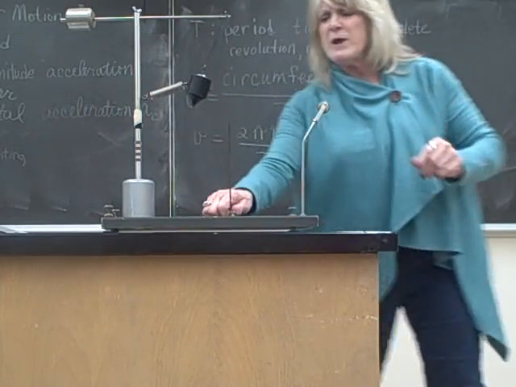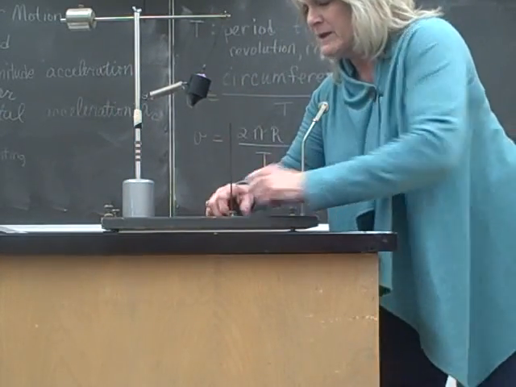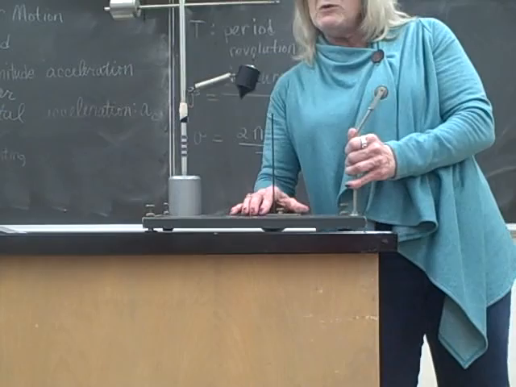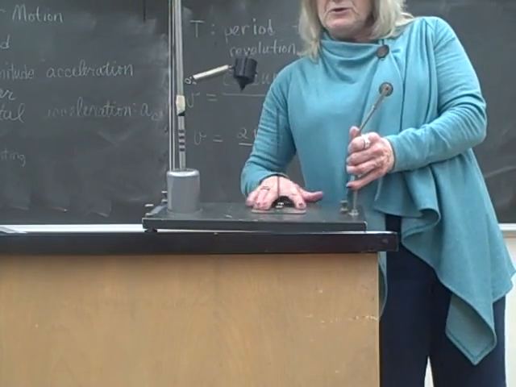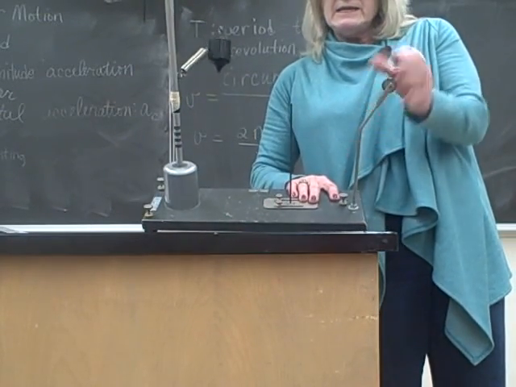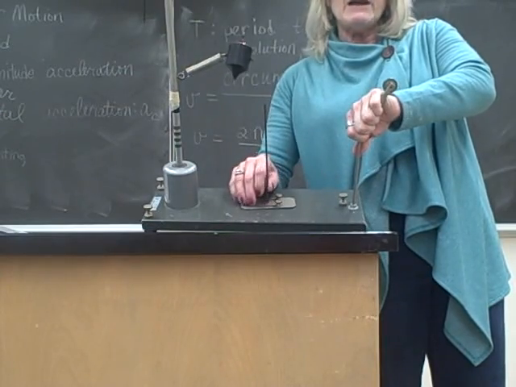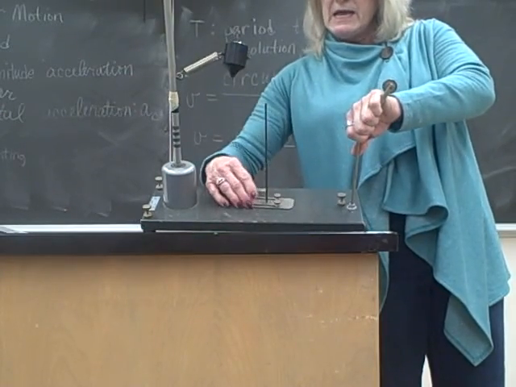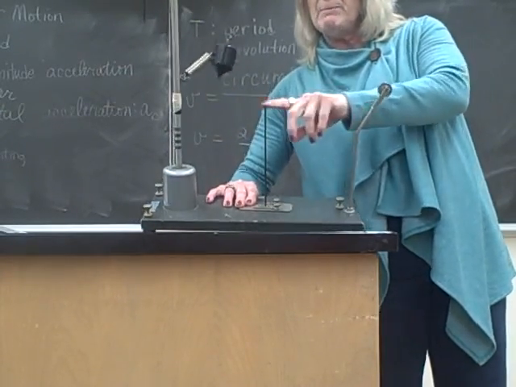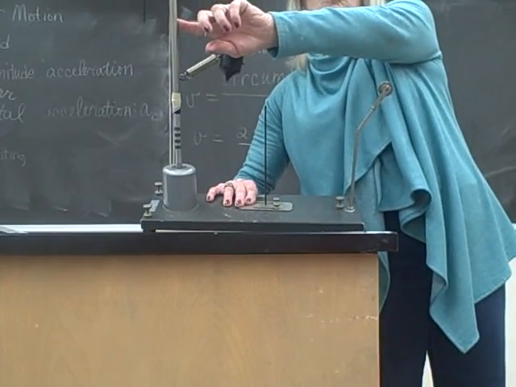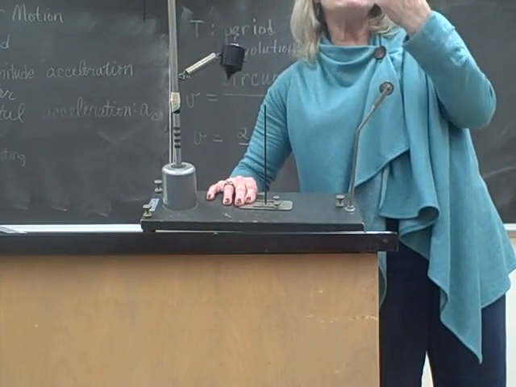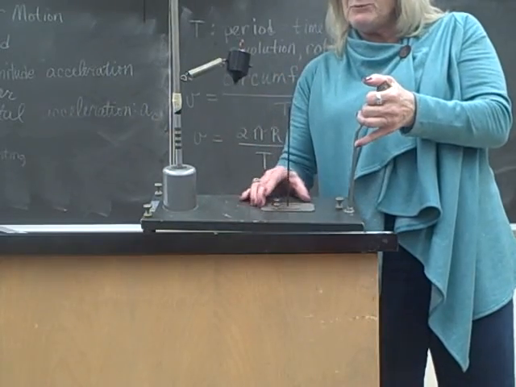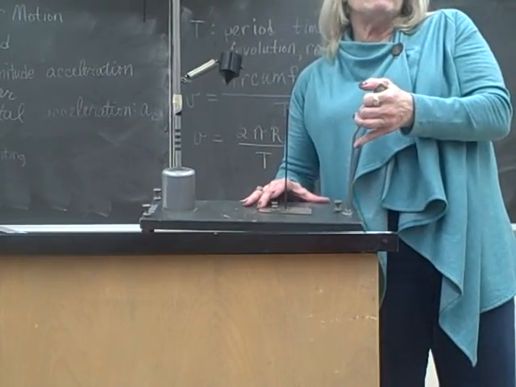Now, I'm going to take this little thing off here. Here's how you're going to measure the radius. There's a little plate with a post on it here, and there are 2 thumb screws, and it can slide back and forth. So when it's in this position with the post closest to the rod here, that's the smallest radius you're going to get. And then to get the biggest radius, you'll move it out here.